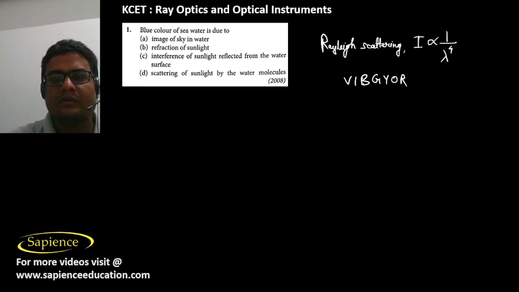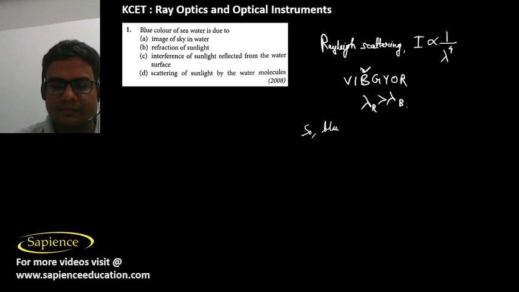The wavelength of red is more than the wavelength of blue. Sorry, the blue color has the lesser wavelength, so the intensity of the scattering of blue will be higher.